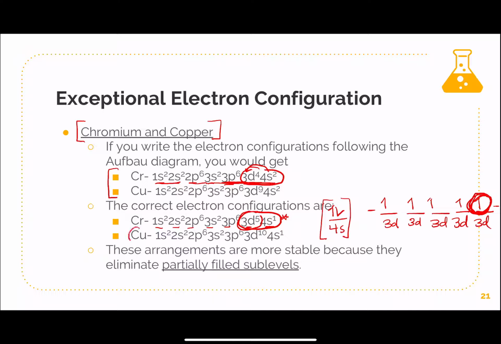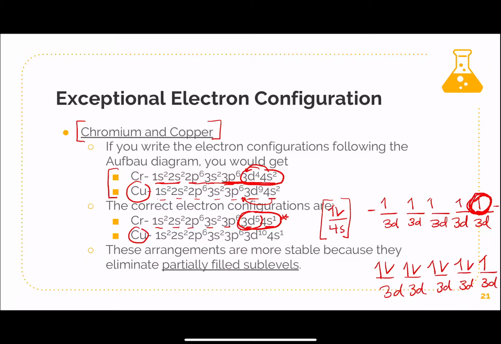We see a similar exception with copper. So if we normally did copper, we'd do 1s2, 2s2, 2p6, 3s2, 3p6, 4s2, sorry, if you put them in order, and then 3d9, okay? And so that D sublevel, 3d, you'd fill all of them with one, and then you'd go back and you'd fill the second one, okay?